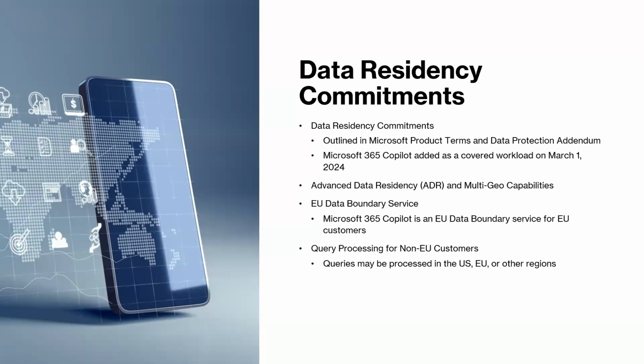So if you are an EU customer, your data stays within that data service boundary. Non-EU customers' queries, et cetera, may go outside of your region, but again, keep in mind, this is still all within the Microsoft Cloud, all within that Microsoft 365 data boundary.